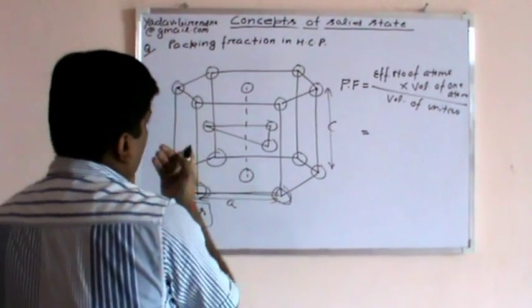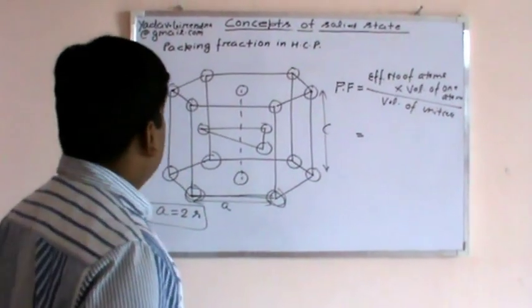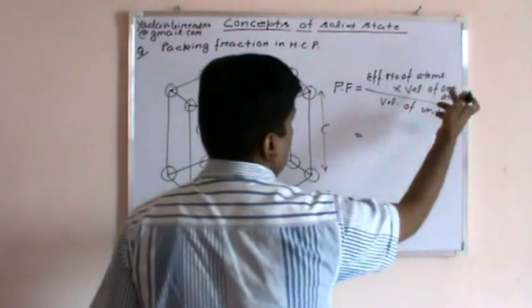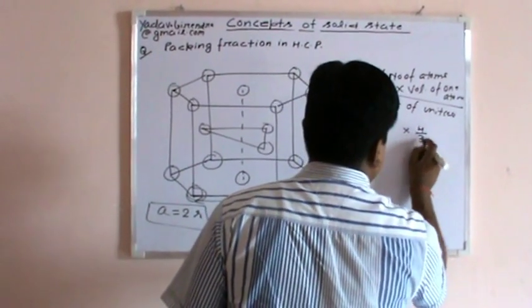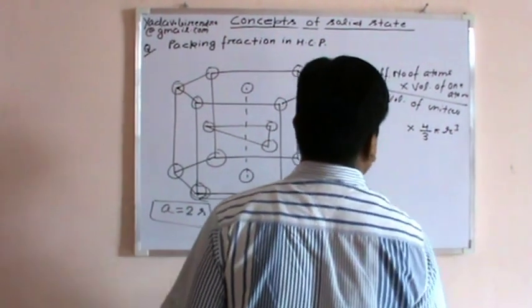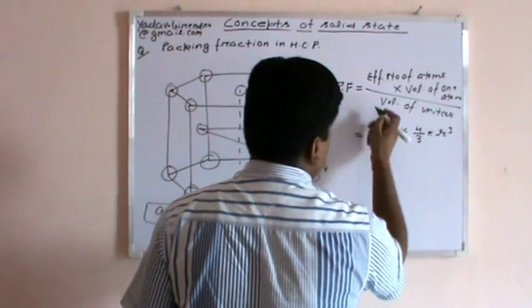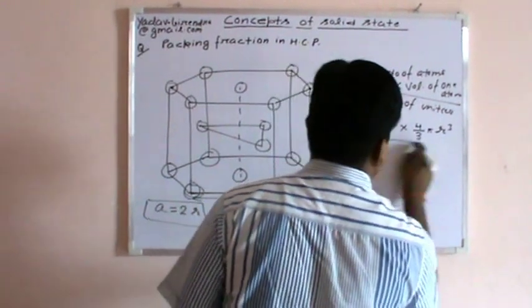We can say atoms are taken as spheres, so the volume of one atom can be written as 4 by 3 pi r cube. Effective number of atoms, let this be Z.